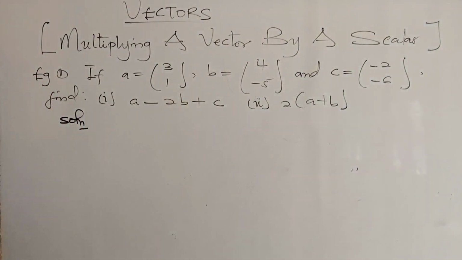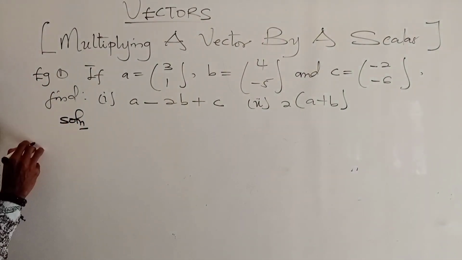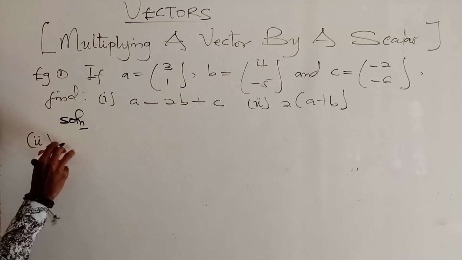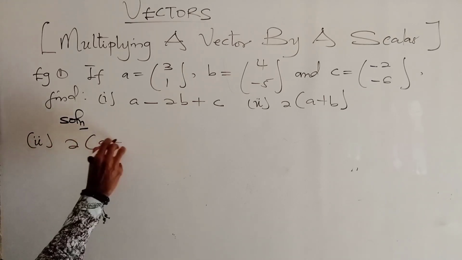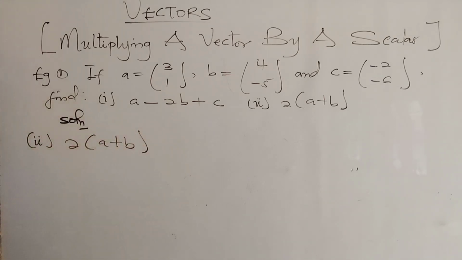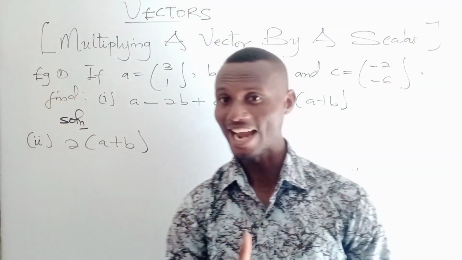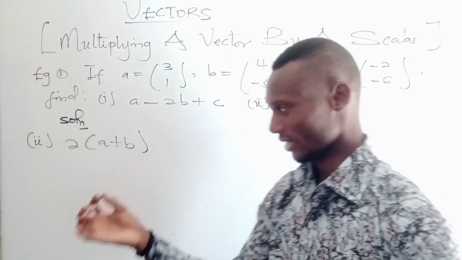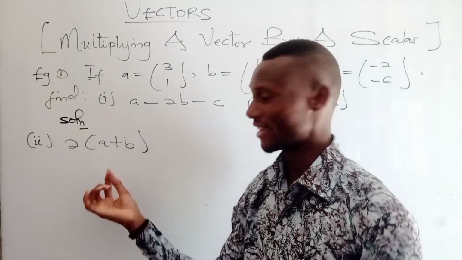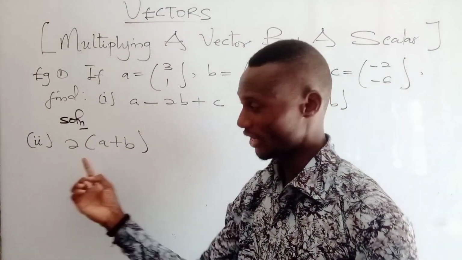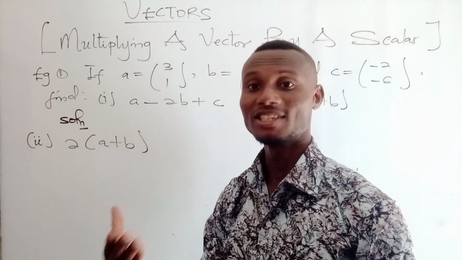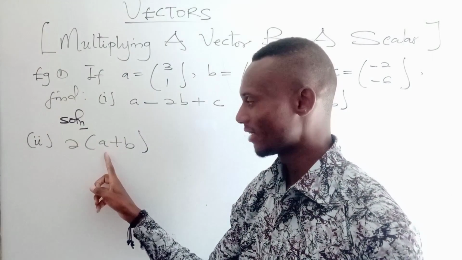So the II, we are being asked to find 2 multiplying a plus b. Now you can see that the 2 is a scalar which is multiplying the addition of the vectors a and b.